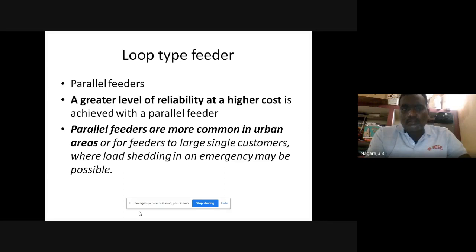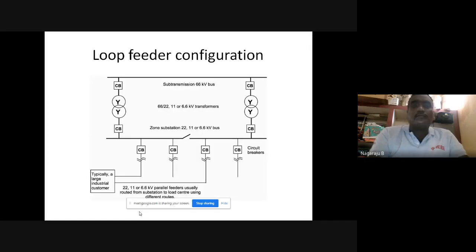Parallel feeders are more common in urban areas or for feeders to large single customers, where load shedding in an emergency may be possible.